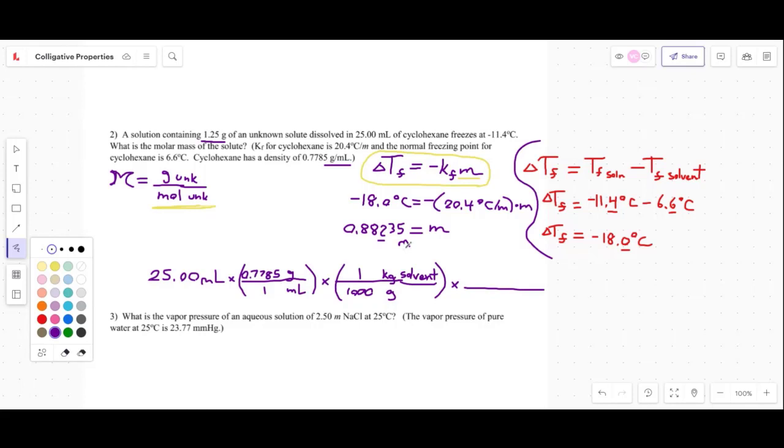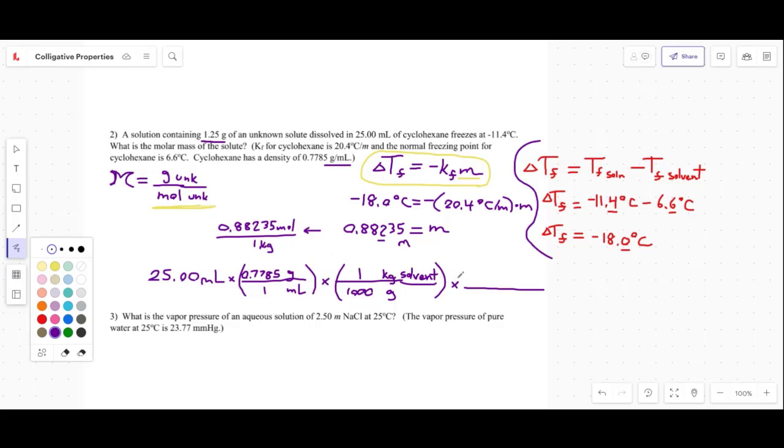Because molality means, just as molarity means moles per liter, molality, I could write this as 0.88235 moles per 1 kilogram. Does that make sense? Yes.